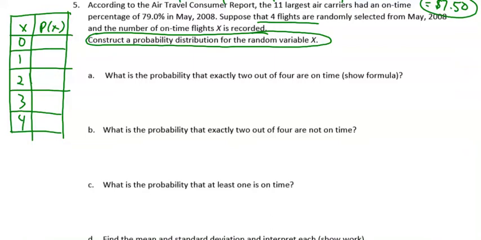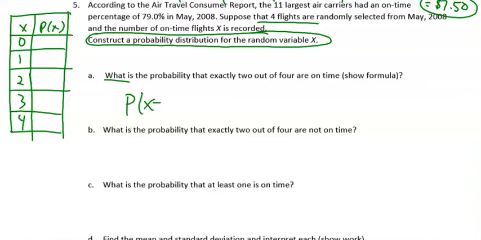When I say do one of them, I'm going to do this one. What's the probability of exactly 2? And I want you to show a little bit of work here. What you need to do is realize this is binomial. That's really important. Binomial, those 2 things can happen. It can either be on time or not on time.